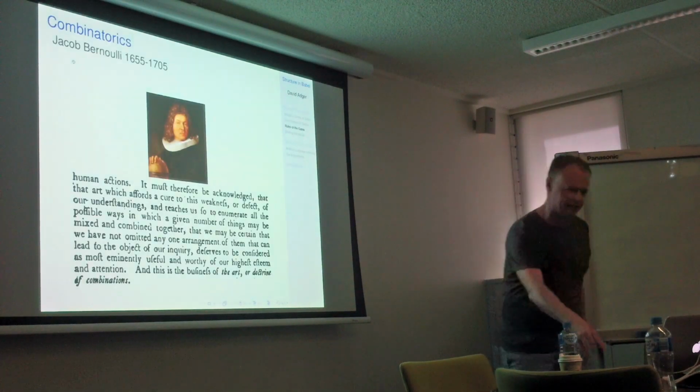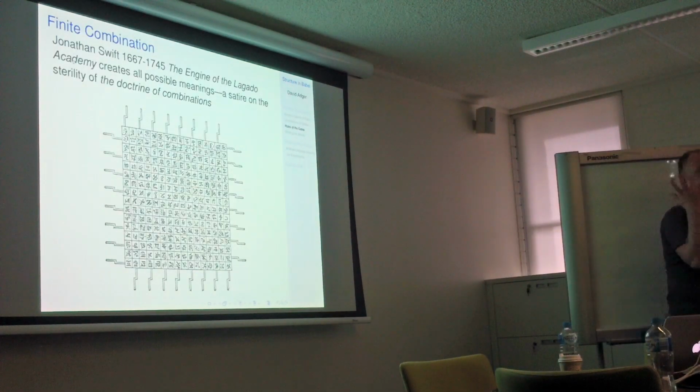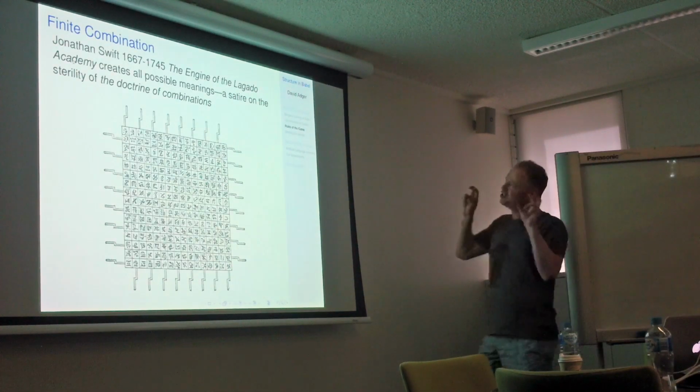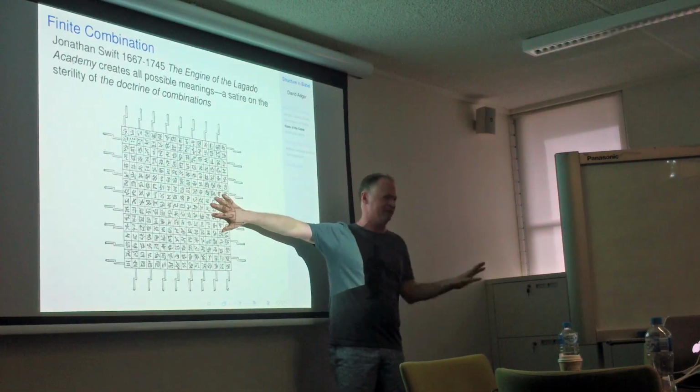So I'm going to skip Bernoulli, but it's the same point. This idea was satirized by Jonathan Swift in Gulliver's Travels, and he talked about the Lagado Academy, which was one of these funny places that he visited. And there was the engine of the Lagado Academy, which looked a bit like this. Well, I mean, it's fictional, right?